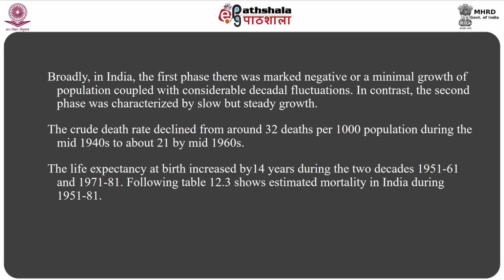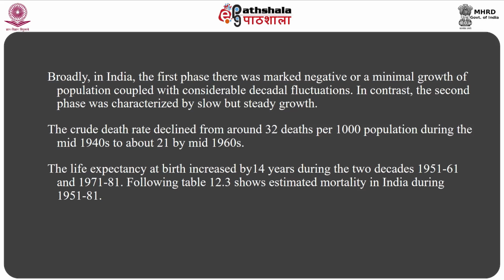In the first phase, there was marked negative or minimal growth of population coupled with considerable decadal fluctuations. The second phase, in contrast, was characterized by slow but steady growth.